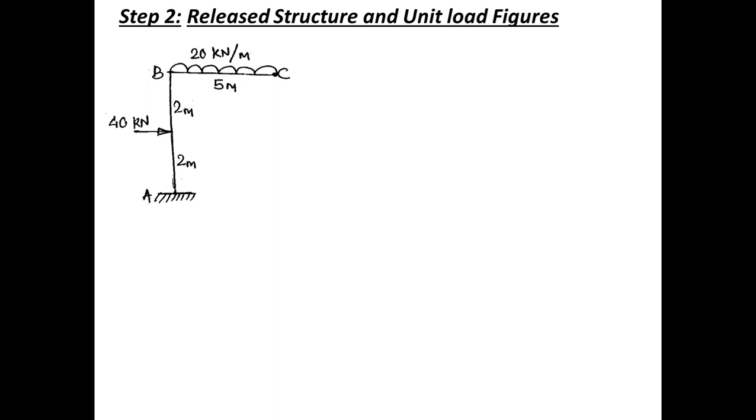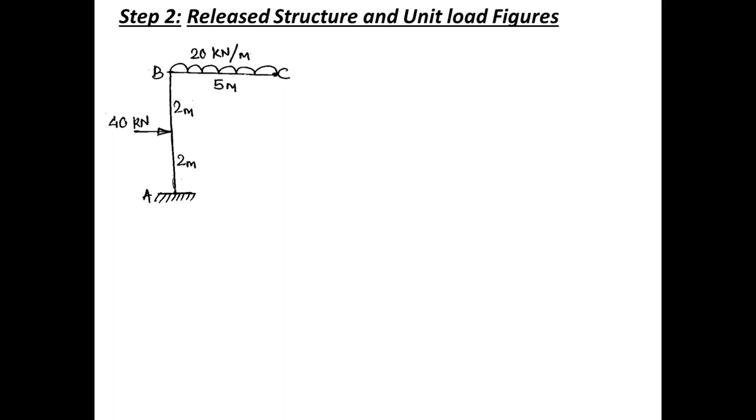So step number 2, release the structure and unit load figures. Release the structure means, from the first step we have calculated DSI which is equal to 2. It represents that in the given portal frame there are two additional reactions which make this portal frame statically indeterminate. It means if we remove any two reactions from the given portal frame, the portal frame becomes again statically determinate.